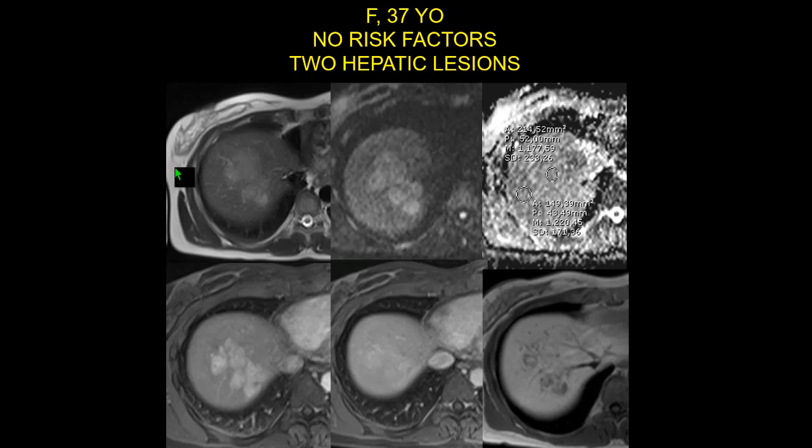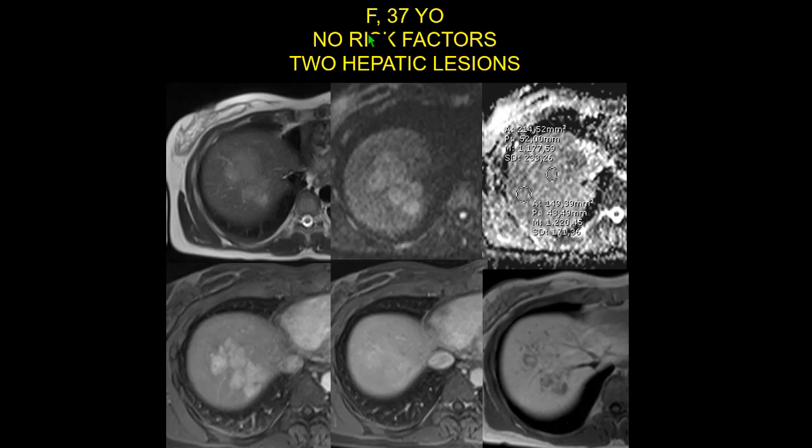Another girl, this is a 37-year-old girl. She had no risk factors, no contraceptive assumption, and at ultrasound she had 2 hepatic lesions, one on the dome and one on the caudal part of the liver. My approach when I have a lesion from ultrasound is to always use a liver-specific MR contrast agent. When I don't know how the lesion will behave, I prefer a liver-specific agent with a very strong and robust dynamic phase, because I want to see how it behaves in the arterial, venous and distribution phases.